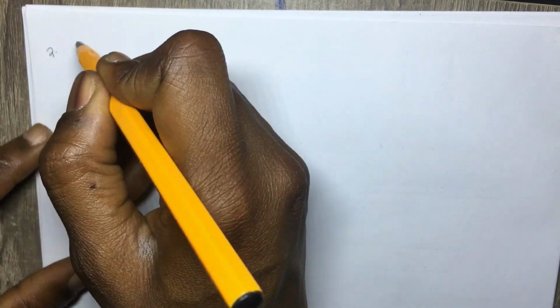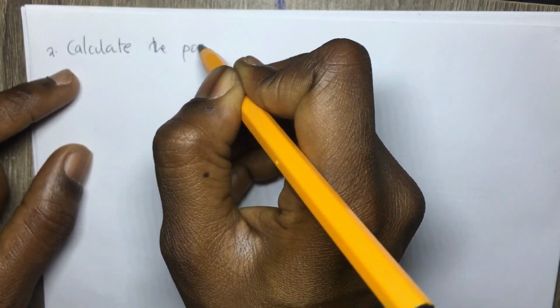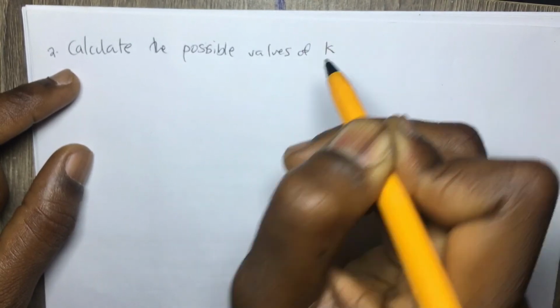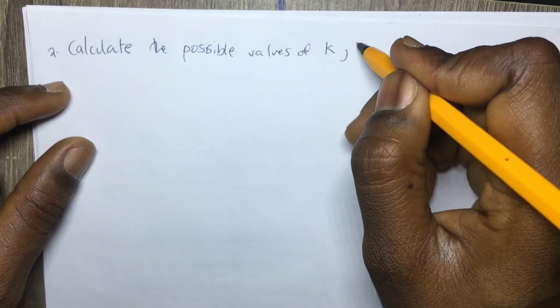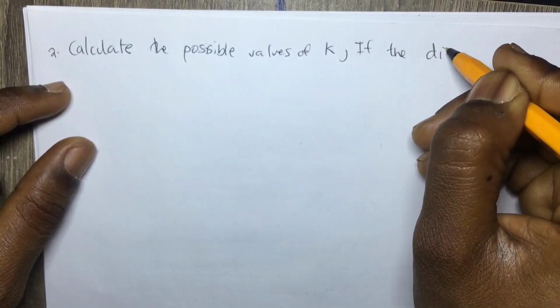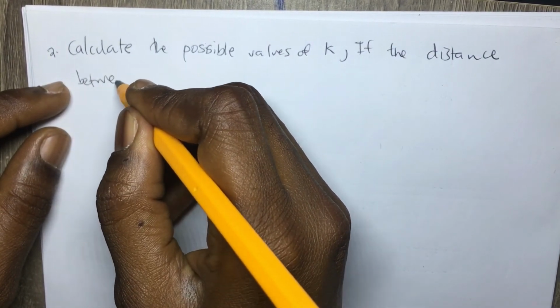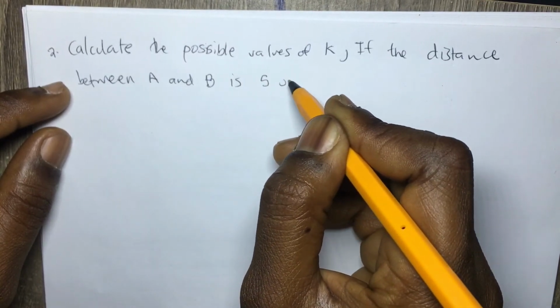They can actually give you the distance. So let's read this question. Calculate the possible values of K. Can you all see the possible values of K if the distance between A and B is 5 units?